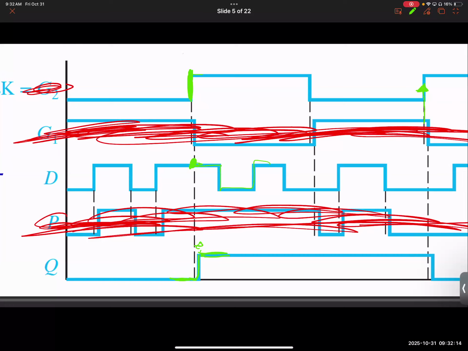At this point only, it looks at the data and it sees that the data is 0 now. So it will start getting down to 0, which is here with a delay. So you see, your output is not responding to all the changes of the data. It is only responding to certain changes that you are synchronizing with the clock edges.